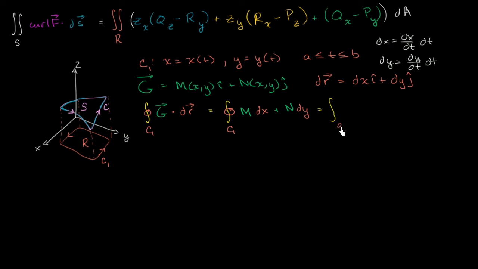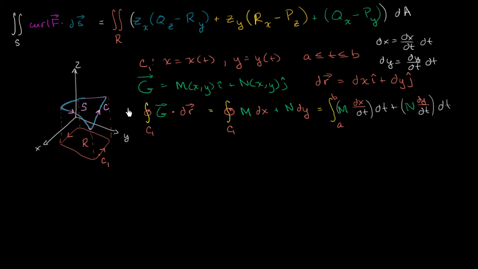This is going to be equal to m times, instead of writing dx, I'm going to write dx/dt dt, the derivative of x with respect to t dt, and that's the first expression, plus n, and then the exact same thing, times dy/dt dt. These are all equivalent statements.